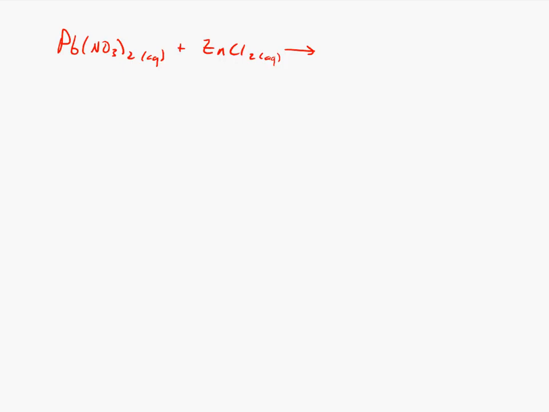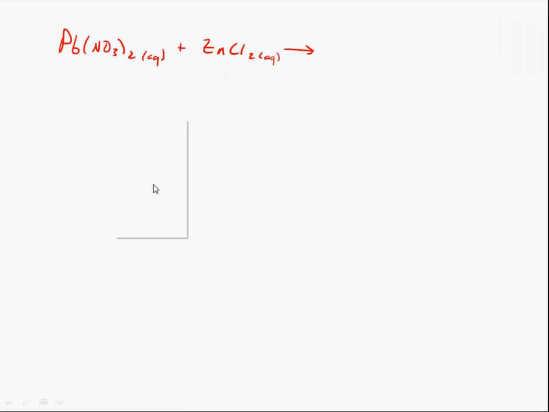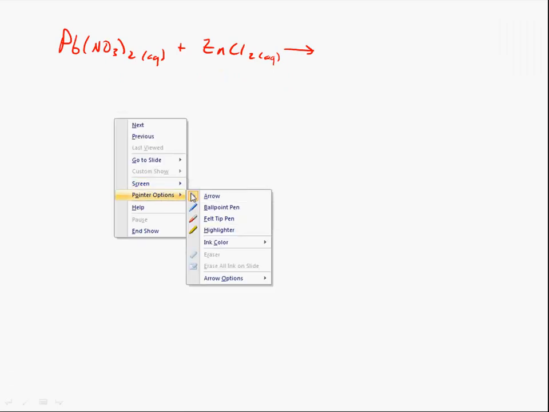This is what I'm reacting. I've got lead nitrate, that's this guy right here, and I'm putting it together with zinc chloride, this guy right here. Let's see if we can predict the products. What are the products going to be?